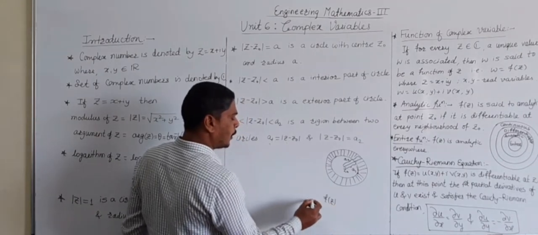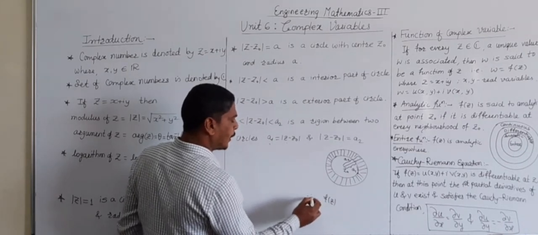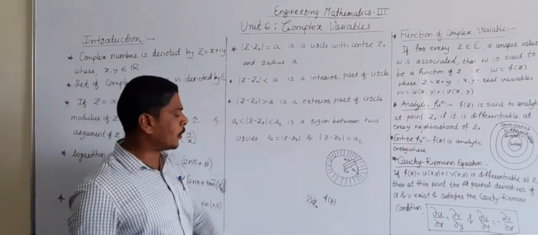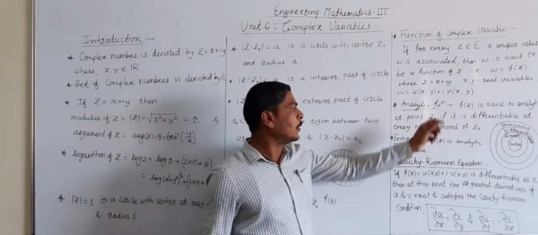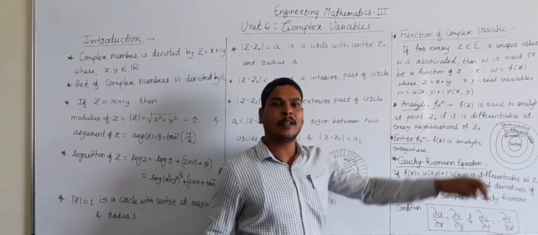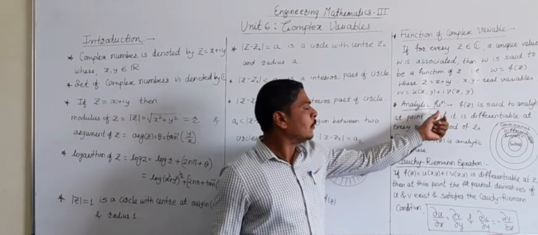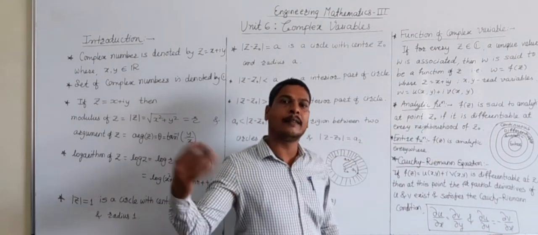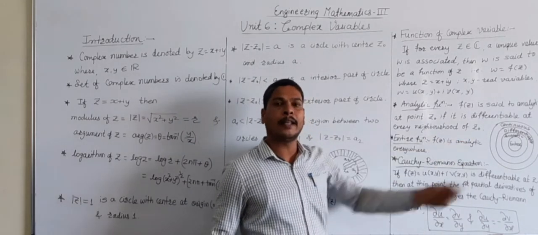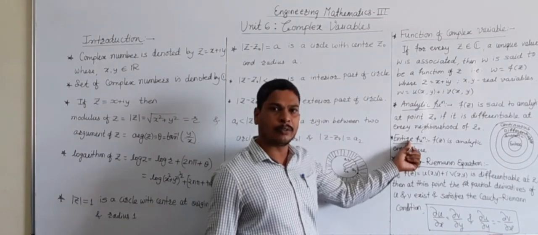If f of z is differentiable at every neighborhood of this point z naught, then we say that this function is analytic. If our function is differentiable in our whole domain, then we say that our function is analytic in that domain. And if f of z is analytic everywhere, then we say that this function is an entire function.